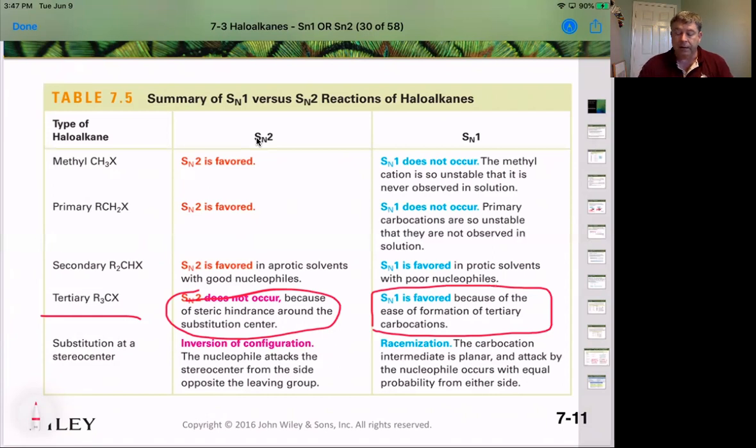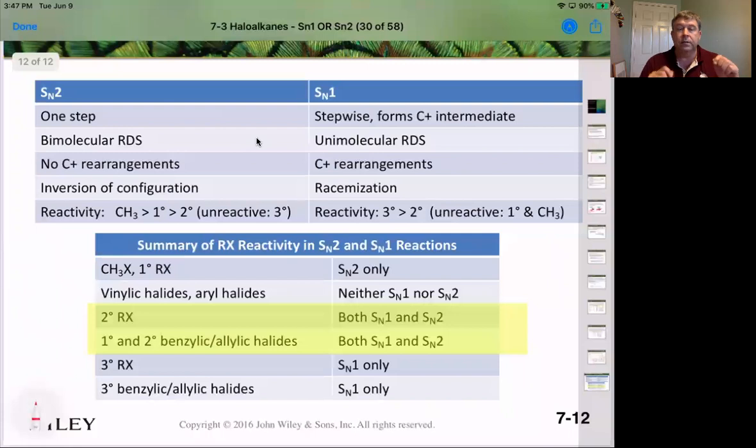Okay, all right, so let's summarize this one more time. Okay, so an SN2 reaction happens in one step. It has one hump on its energy diagram, and it's bimolecular. That means that both the concentration of the nucleophile and the alkyl halide are in the rate constant.